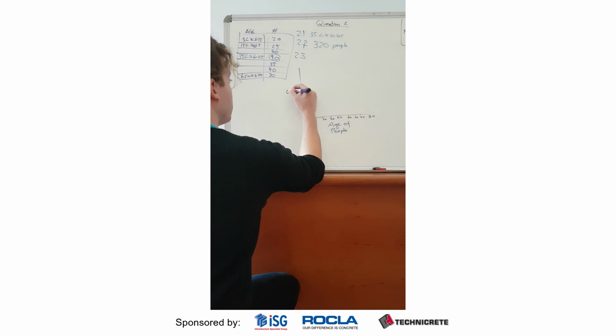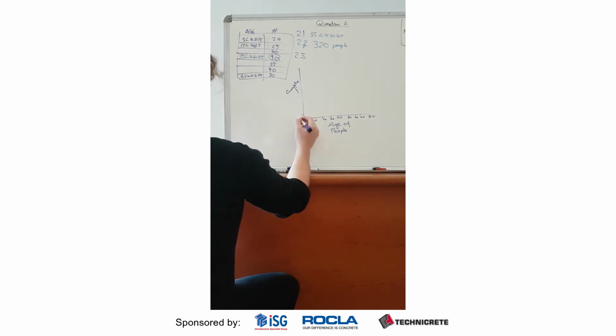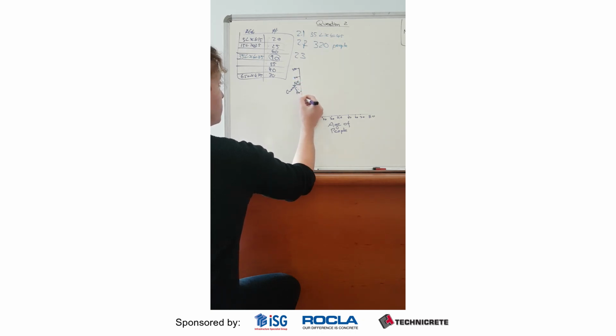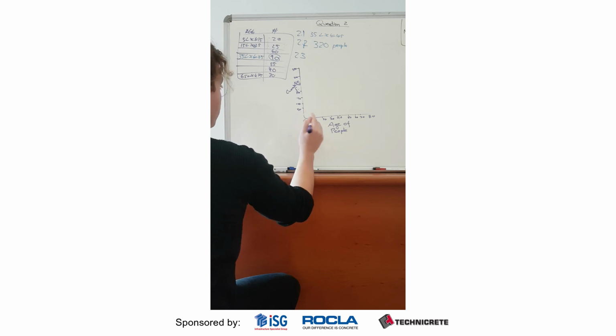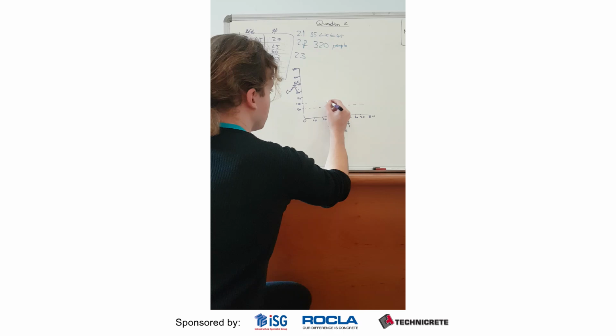On this side, because it's a cumulative frequency graph, we're going to start off, we want to get to over 320, so let's put our max at 350, 300, 250, 200, 150, 100, and 50. We can erase that line. Because they gave us a grid, I'm just going to quickly add some dotted lines in here.